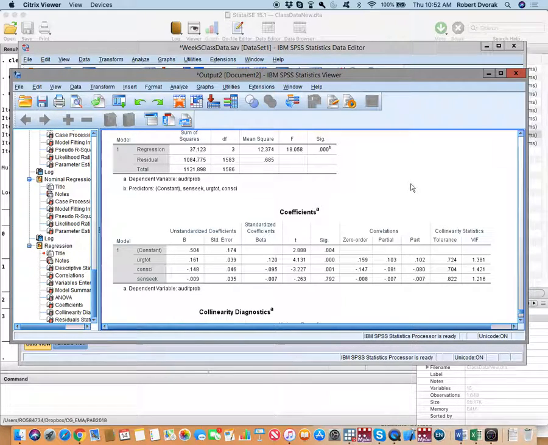So tolerance is actually the unique variance in a variable, and it's not associated so much with the dependent variable, right? Tolerance has to do with the overlap in variance between the other independent variables. And so tolerance tells you if something is just redundant because it's overlapping so much with the other independent variables in the model. Sensation seeking isn't, and in fact, if you look at a correlation between these 3 variables, you'll find that sensation seeking is the least correlated with the other 2. Consequently, you're going to have the highest tolerance, right?